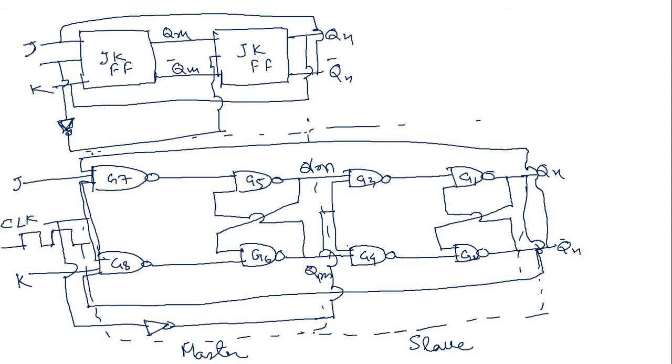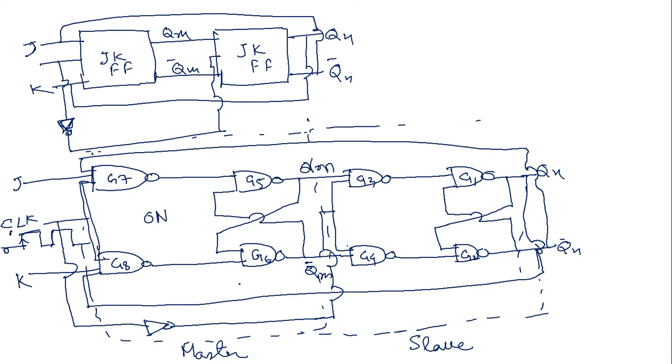So why is it called master? Because in the clock cycle, for the positive half cycle or positive edge, this flip flop is in on condition because clock is 1. Whenever clock goes from 0 to 1, this flip flop is activated, and we can get the output from QM and QM complement.